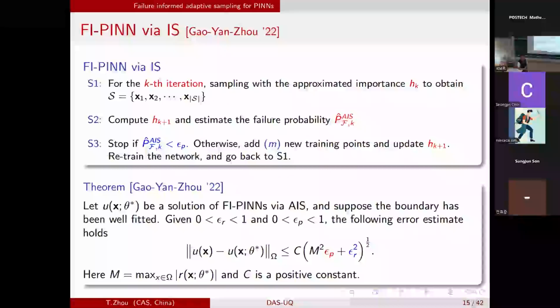Are there also convergence rate analyses for your method? I don't have any convergence analysis, so I don't have a convergence rate. The rate is only for this tolerance. This is a very standard derivation, not complicated. The rate is just one order and a half order for this tolerance. We don't have any rate depending on the number of points and the number of layers.